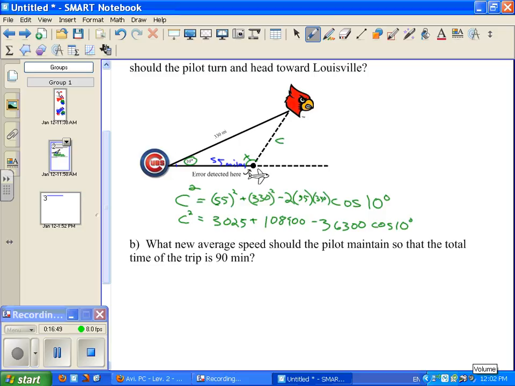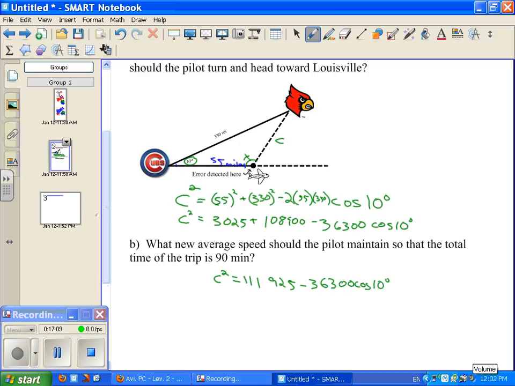So C squared is 111,925 minus 36,300 cosine of 10 degrees.